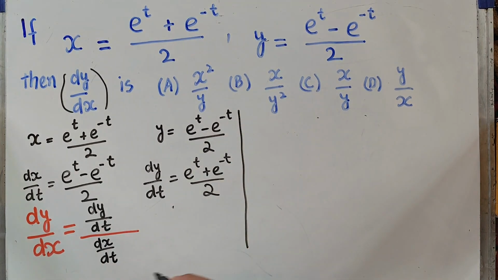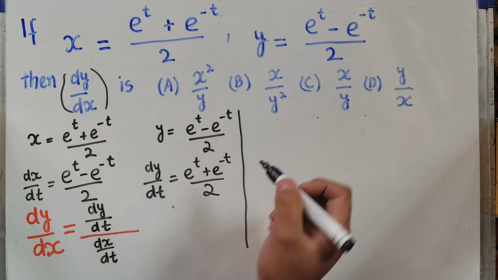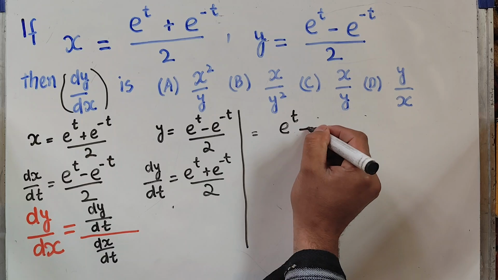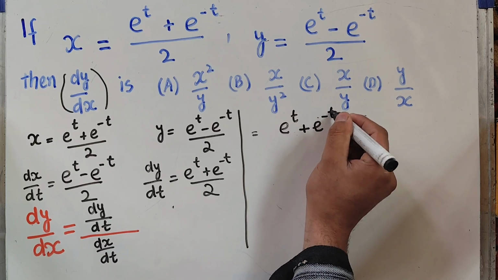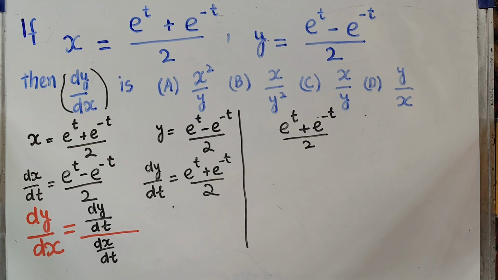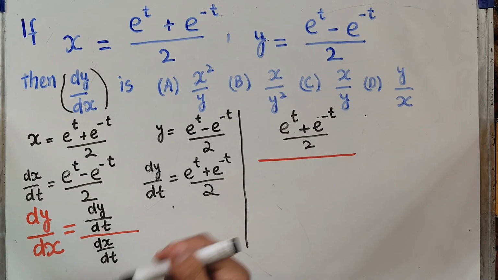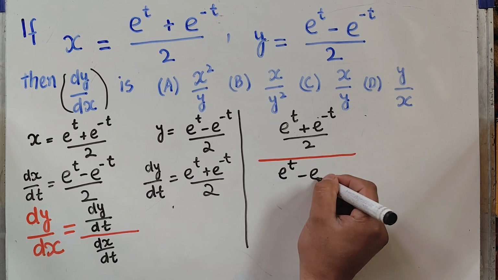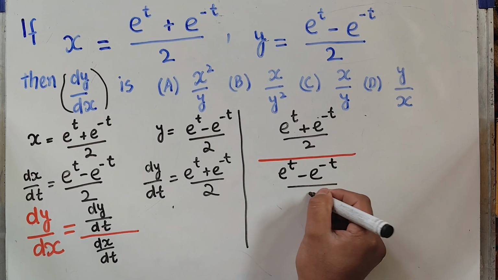That will come out to be, dy/dt is this function, (e^t + e^(-t))/2, divided by dx/dt, which is this function which we got, (e^t - e^(-t))/2.